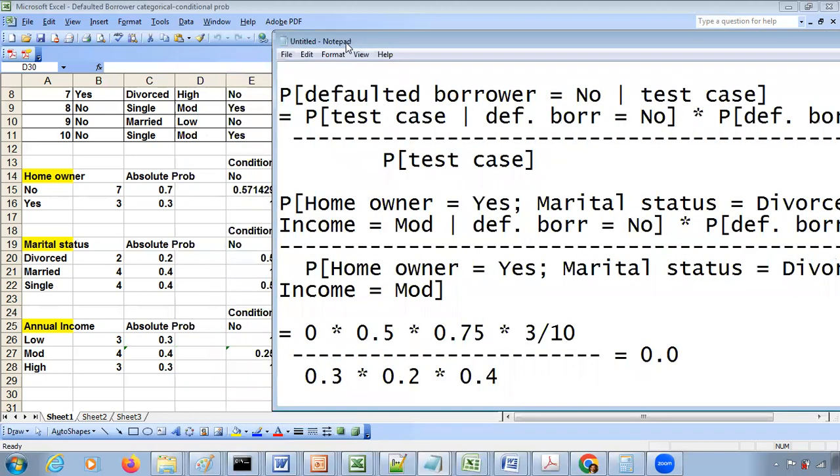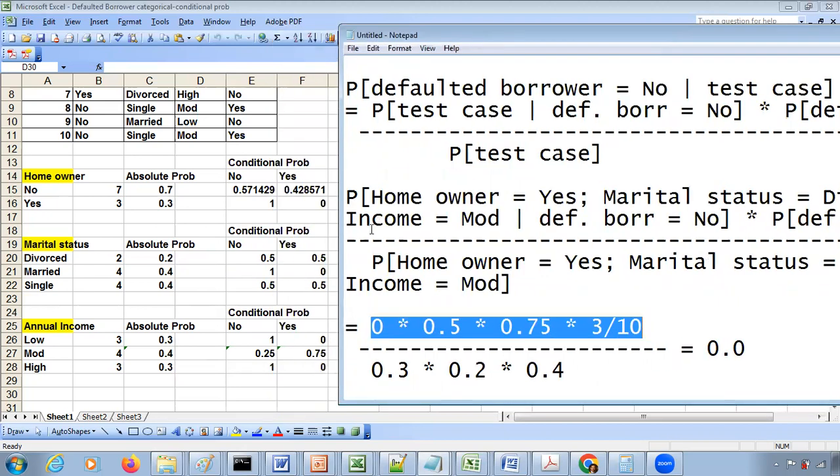If you have more than 2 classes, you don't do that 1 minus. If there are 2 classes, just do a 1 minus, that's easier. Or you can look at the table just to make sure you don't make any mistake. If there are more than 2 classes, make sure you look at the table.